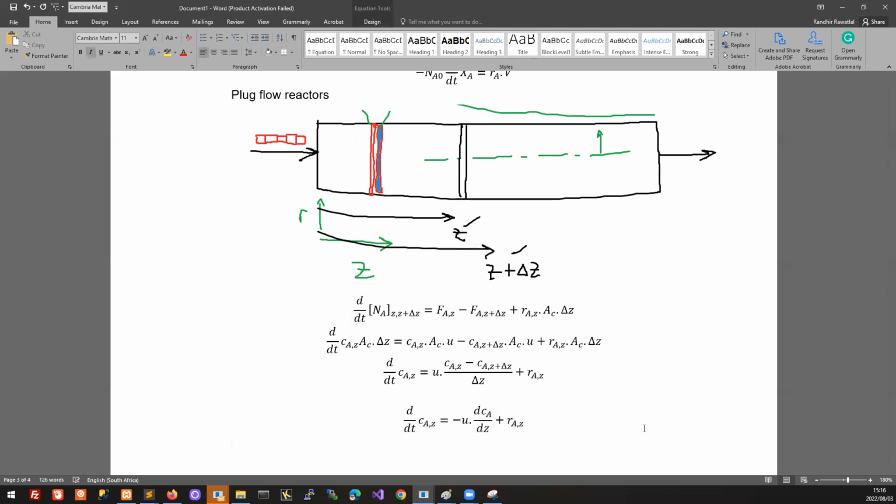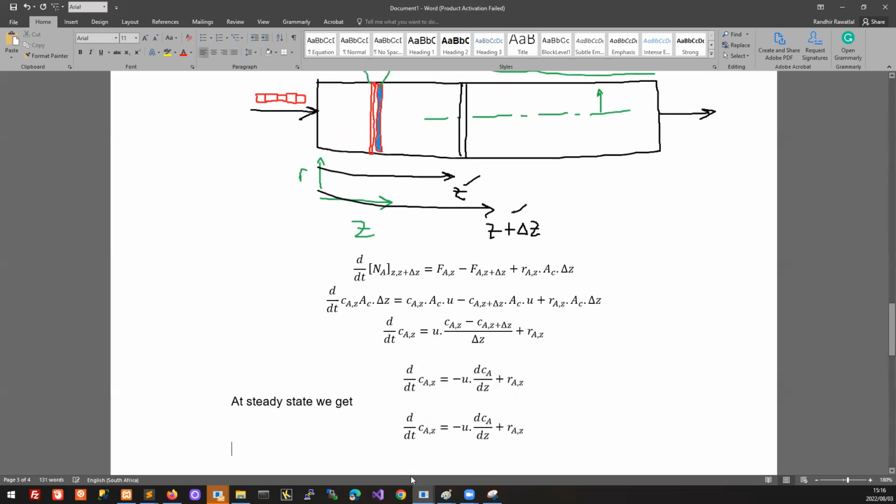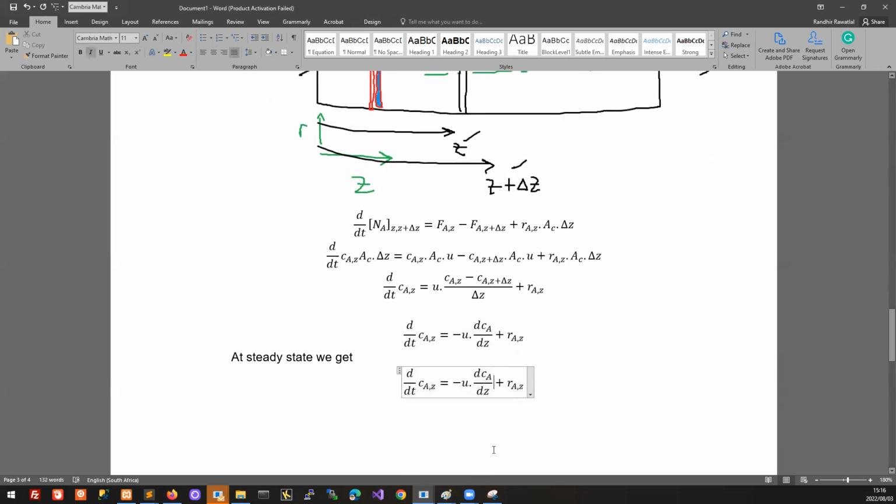So we can say here, at steady state, we get, and then your equation looks like this. So the left-hand side becomes a 0, and I'm taking this across. So that's what we have now.